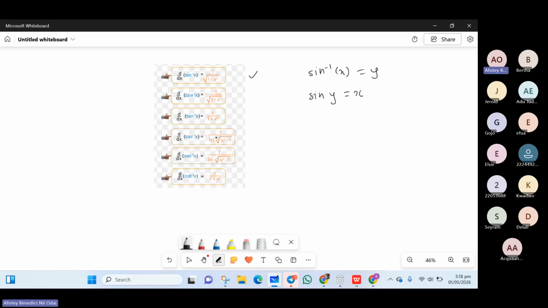So the derivative of sine y will give us cos y dy on dx, and this is equal to 1 because the derivative of x gives us 1. Now, we are finding dy dx, and dy dx is equal to 1 on cos y.